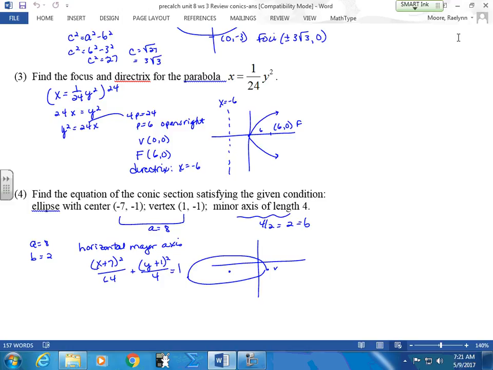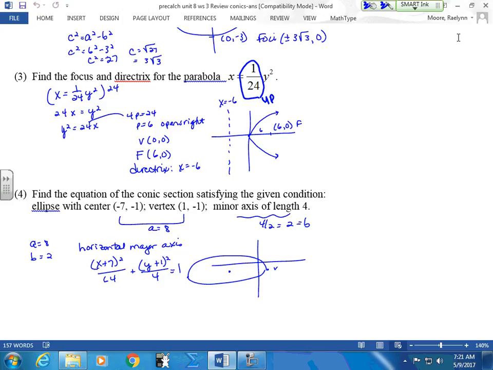So remember, the most important thing about the parabola is P. The distance from the vertex to the directrix or the focus, because they're the same distance apart. If P is positive, it's opening right. If P is negative, it's opening left. This guy right here is 4P. So set that equal to 4P.